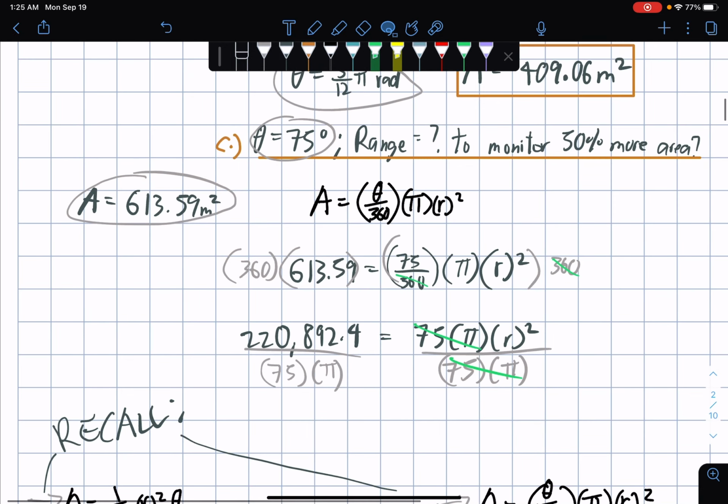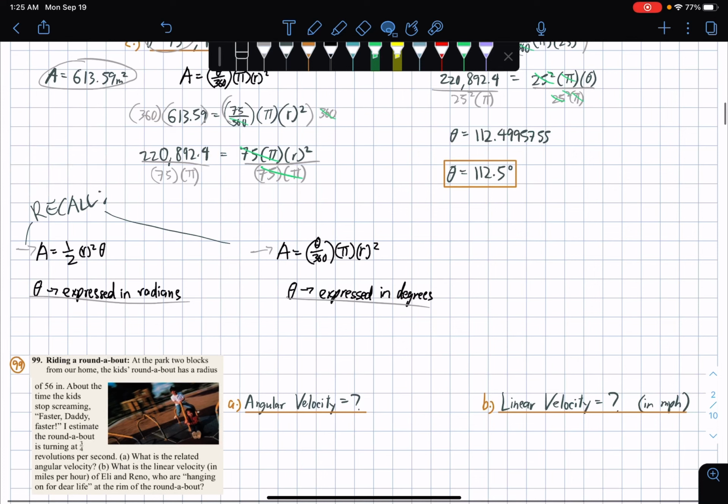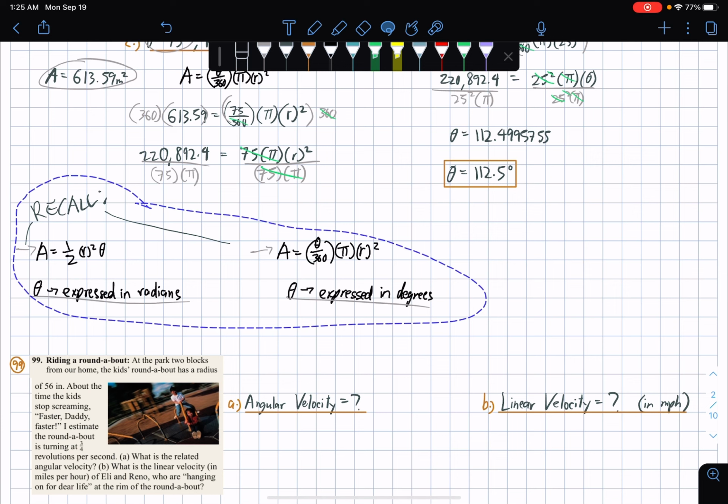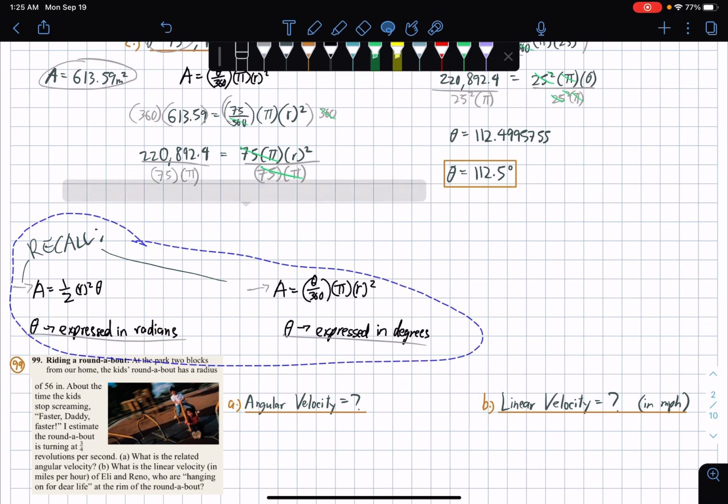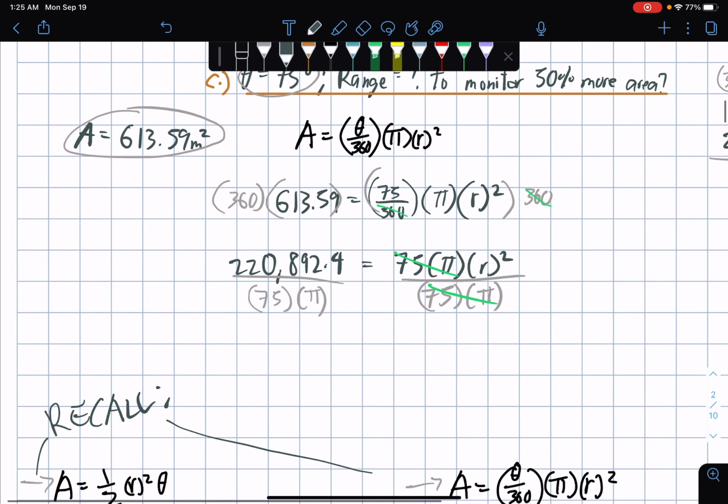R raised to 2 is equal to, put these values in the calculator and you get 937.4964627.